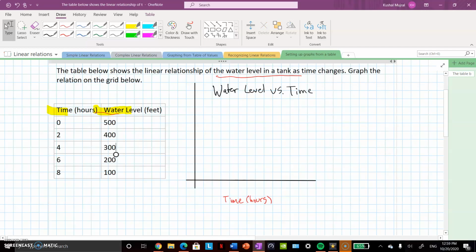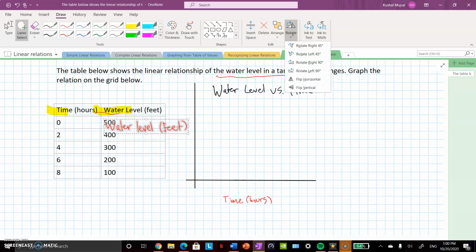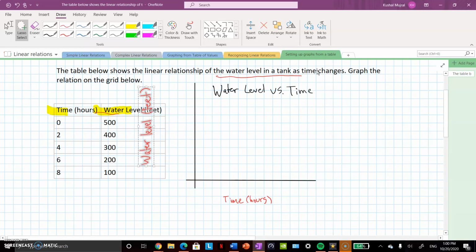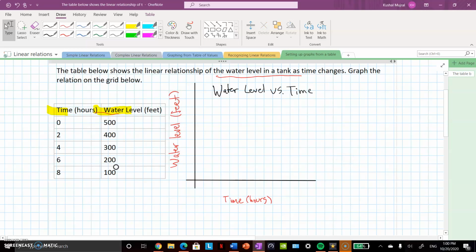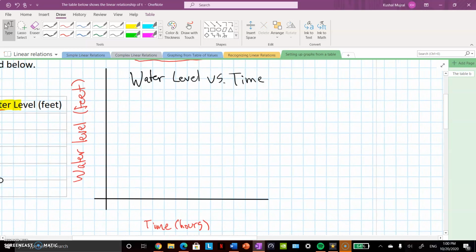I can't really write sideways that well, so I'll write it here and rotate it left 90 degrees. So this is what it's going to look like. This is our graph: water level versus time, with water level in feet and time at the bottom.